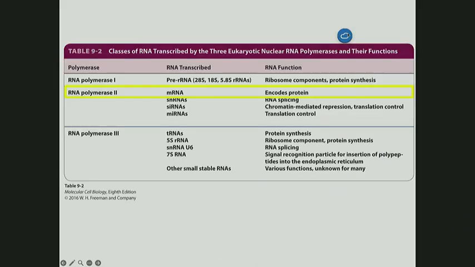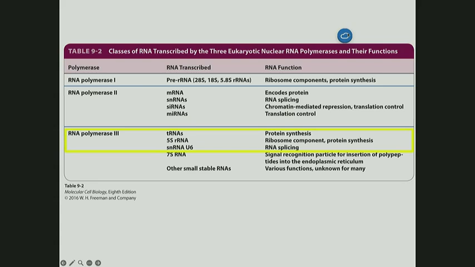So here's back to our table. RNA polymerase II is responsible for making messenger RNAs as well as snRNAs and siRNAs and microRNAs, which we'll talk about next week. RNA polymerase I makes one RNA, one long pre-ribosomal RNA that then gets cleaved into 3 separate ribosomal RNAs that are parts of the ribosome, and they are essential for translation.